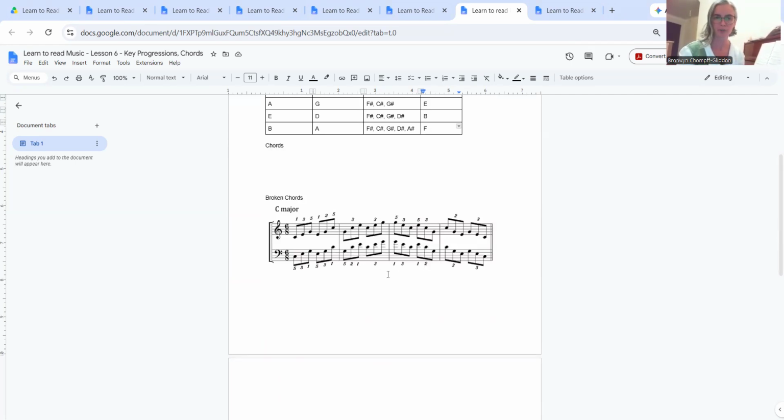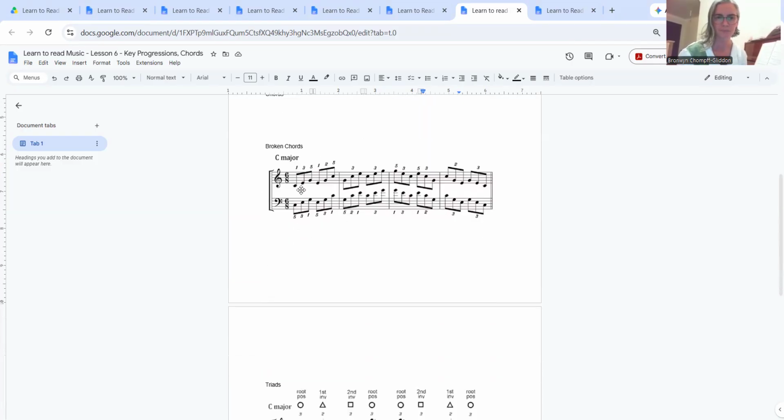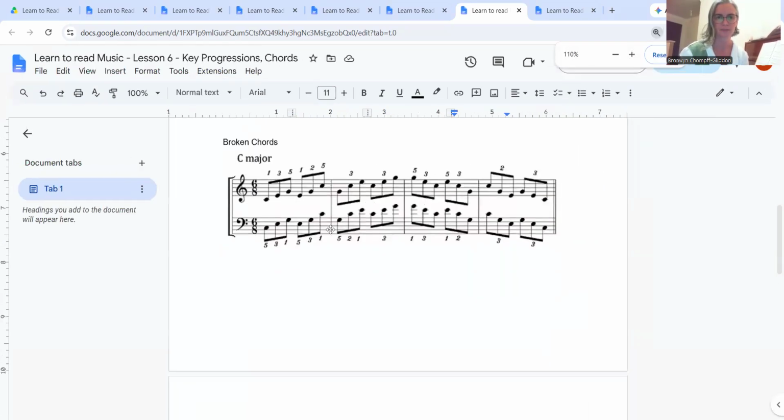We've got broken chords like this. Now, you can see, maybe can I make this a bit bigger? You can see that that is a C, that is an E, and that is a G. 1, 3, 5.